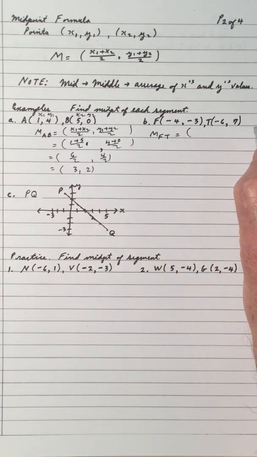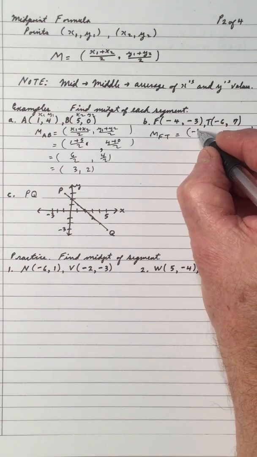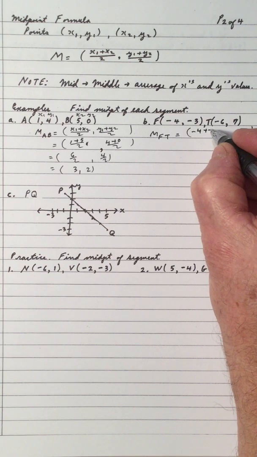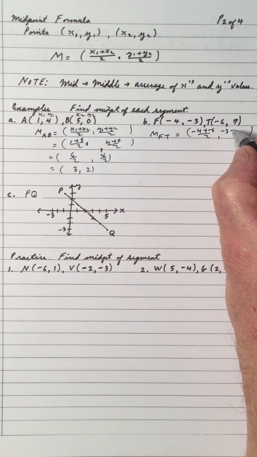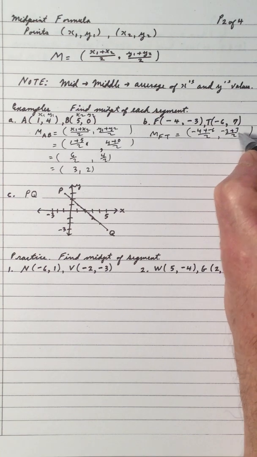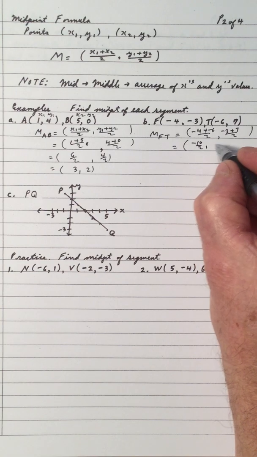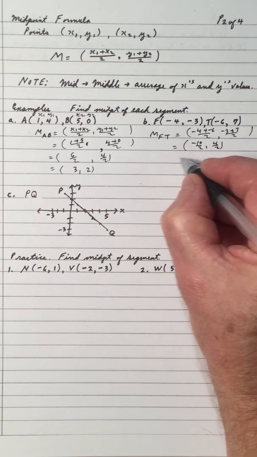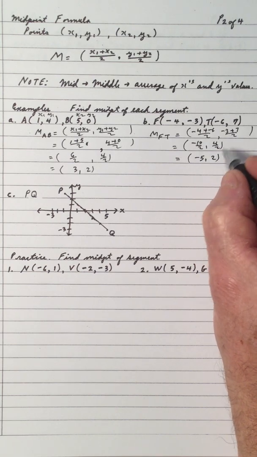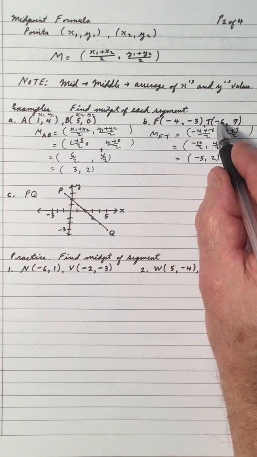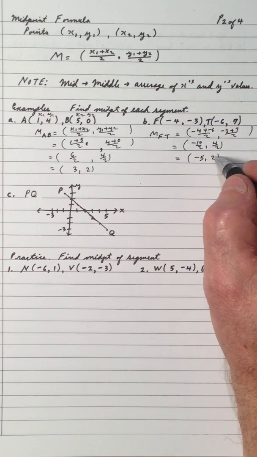Without writing down the whole formula, it's x1, negative 4, add on negative 6 over 2, and it's negative 3, add on 7 over 2. And that gives us negative 10 over 2, and that gives us 4 over 2. That gives us negative 5 and 2. Again, halfway between negative 4 and negative 6 is negative 5. Halfway between negative 3 and 7 is 2.